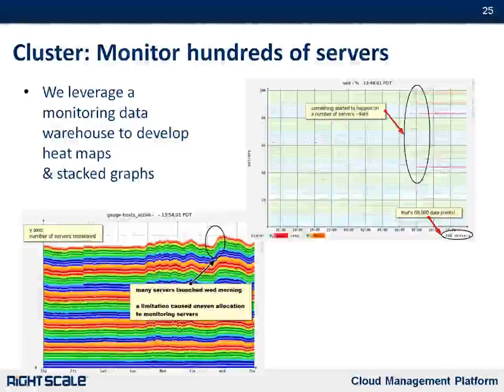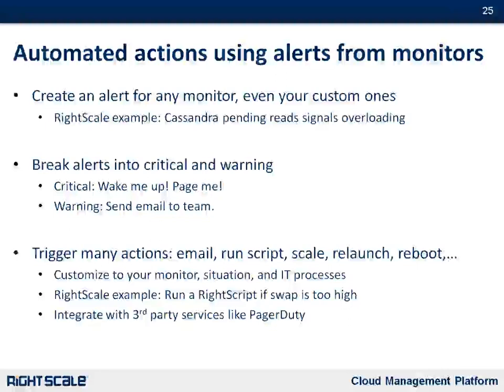And it's easy to find these patterns and for a sysadmin to really focus on what needs to be addressed. And that's something that is very relevant once you are in the hundreds of servers for your application. So please, if you are using RightScale, we encourage you to start looking at these graphs and to use them extensively, because you're going to see that your life becomes much easier.